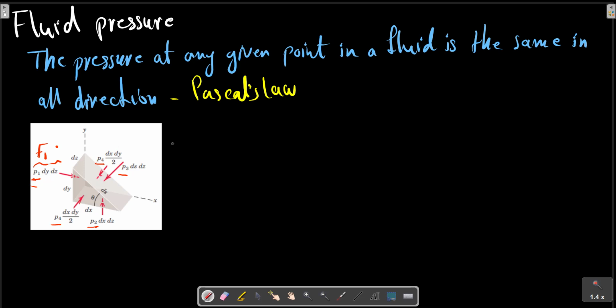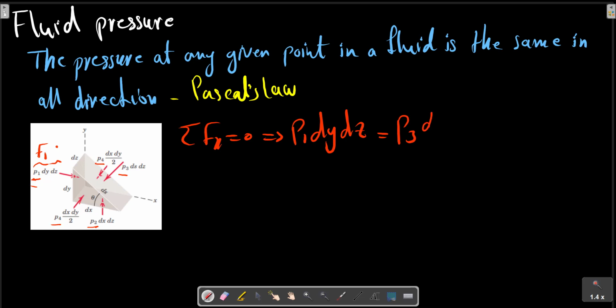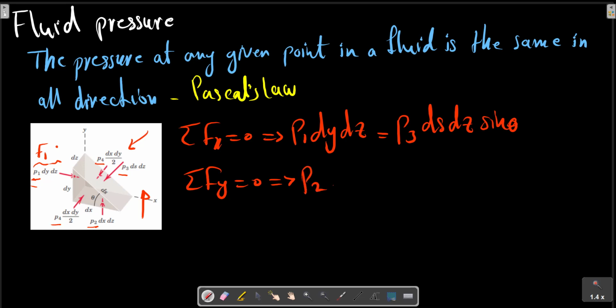In the x direction, P1 dy dz, P3 ds dz multiplied by sine theta, and in the y direction, P2 dx dz, P3 ds dz cosine theta.